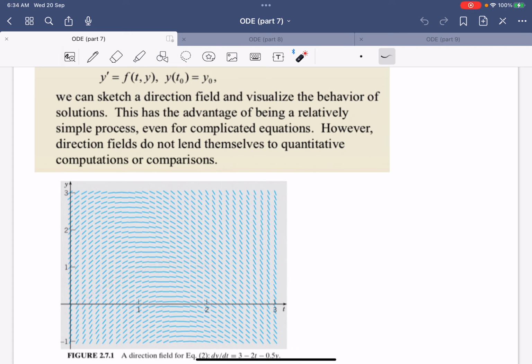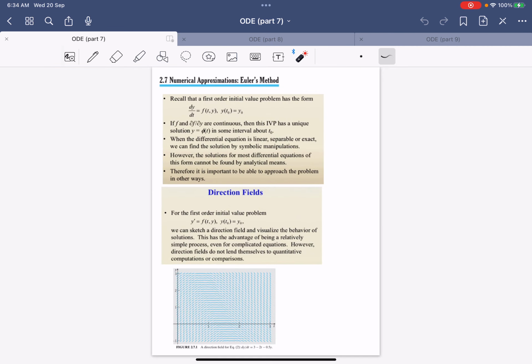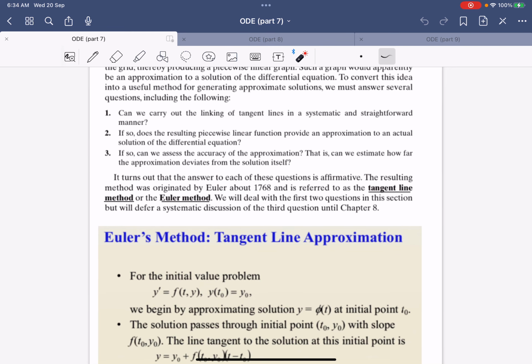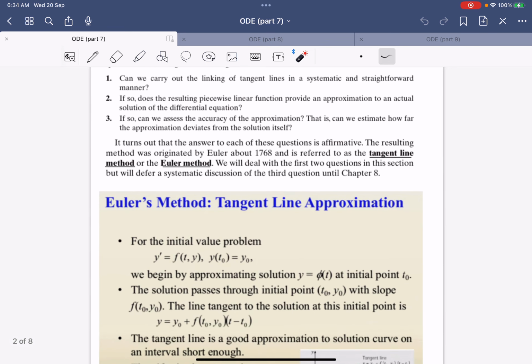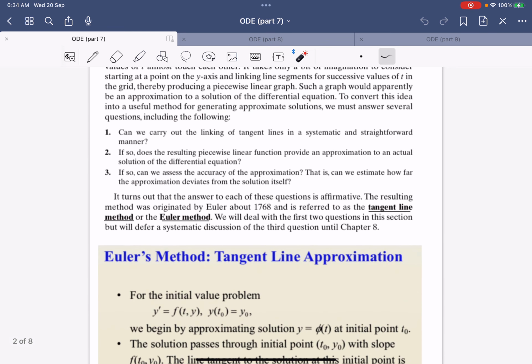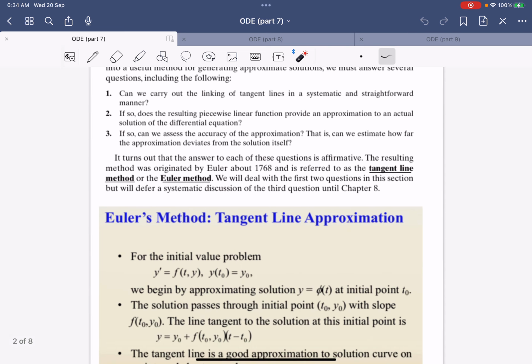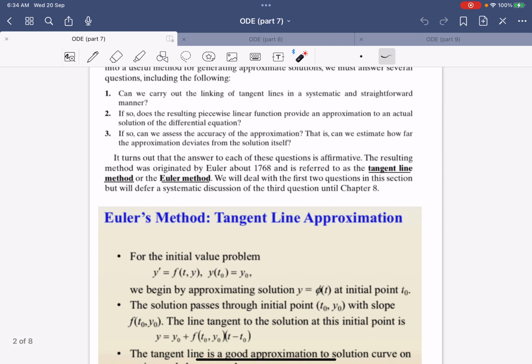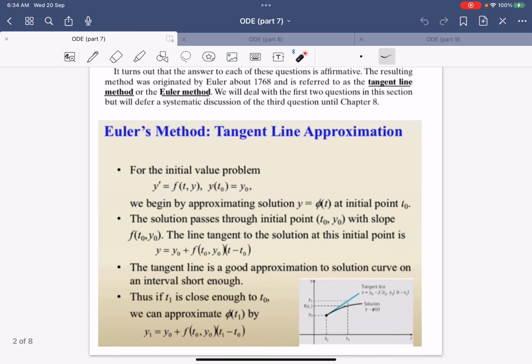While it's not an exact solution, it gives us a good approximation because it follows the same nature as the direction field. And it turns out that this actually works, and it's been shown by Euler, and this method is known as the Euler method or the tangent line approximation.